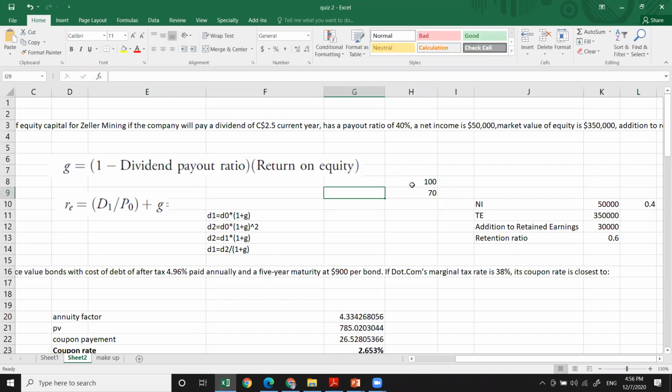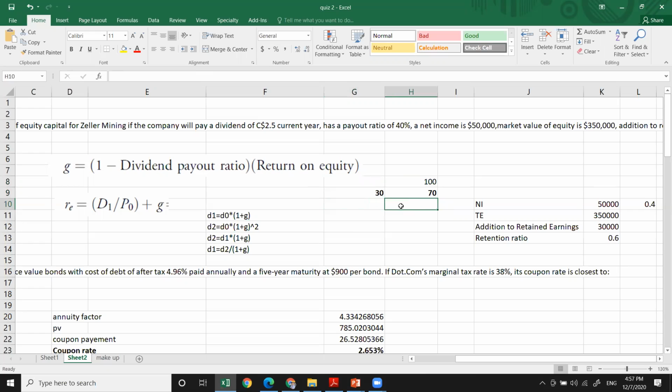If this is not given, how can you find it? This minus this. So these are the basic things in accounting principles. This $70 goes as additional to retained earnings. Retention ratio, dividend payout ratio.